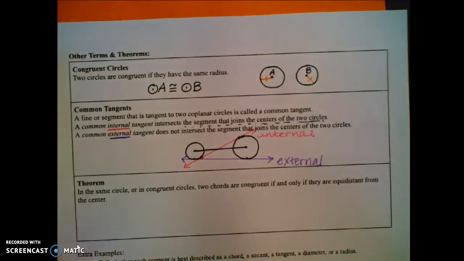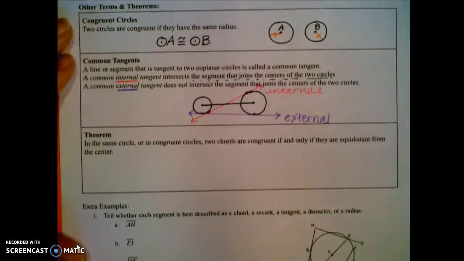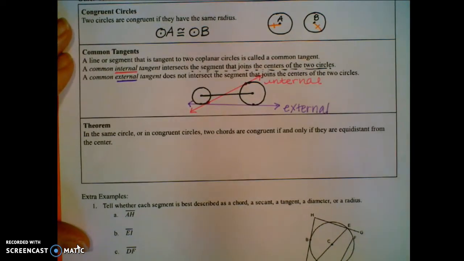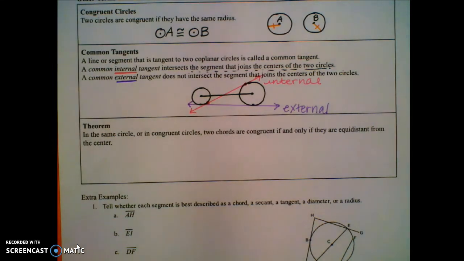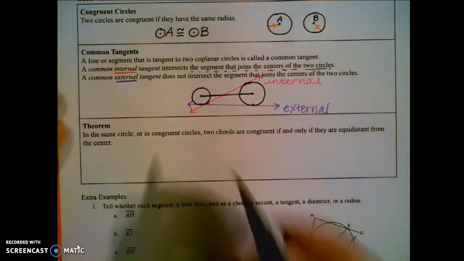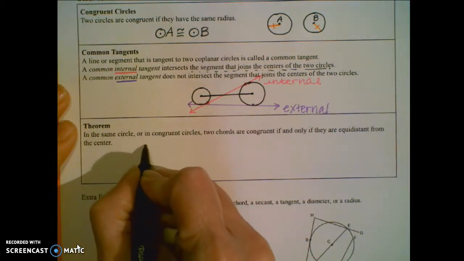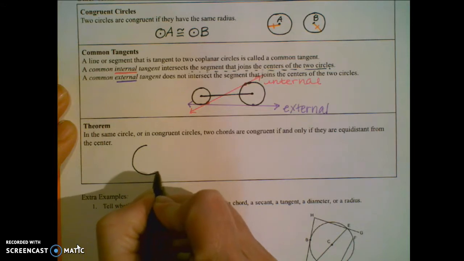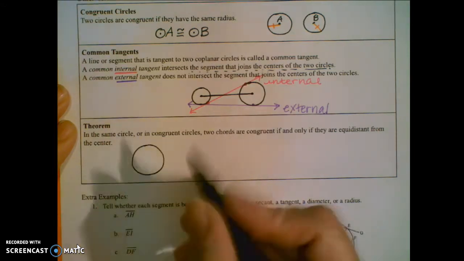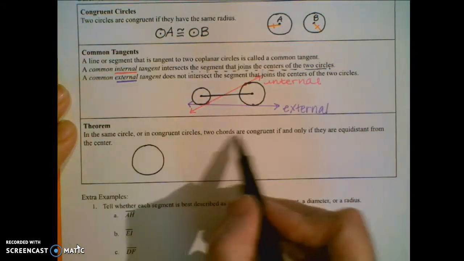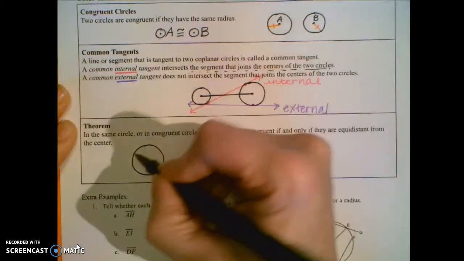And our last theorem for today: in the same circle or in congruent circles, two chords are congruent if and only if they are equidistant from the center. So let's start with a circle. We're going to look at the same circle first. And I want to draw two chords that appear to be congruent.